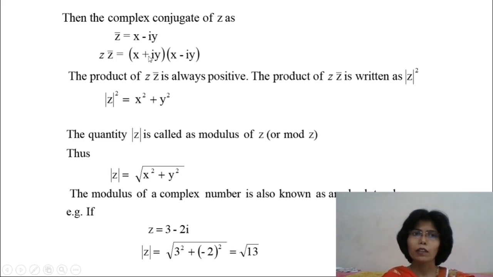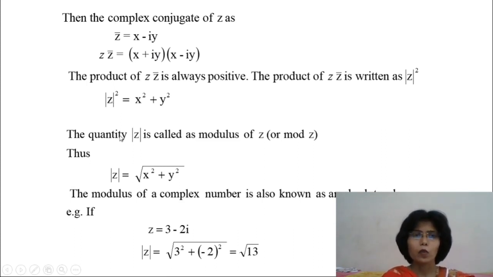Their product is always a positive number, because the product will be the multiplication of these two brackets, which will be x square plus y square. It is written as mod of z square. The quantity mod of z is called the modulus of z.